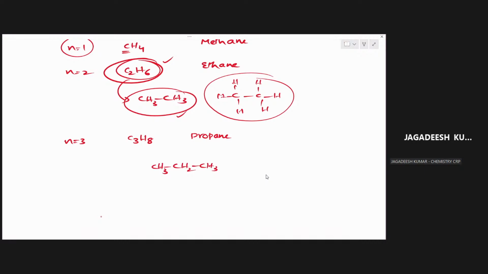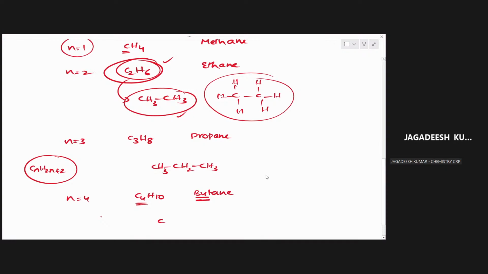So this is propane. And n equal to 4 gives C4H10, because I am using the general formula CnH2n+2. How can we name it? Butane, because but is the root word for 4 carbons.